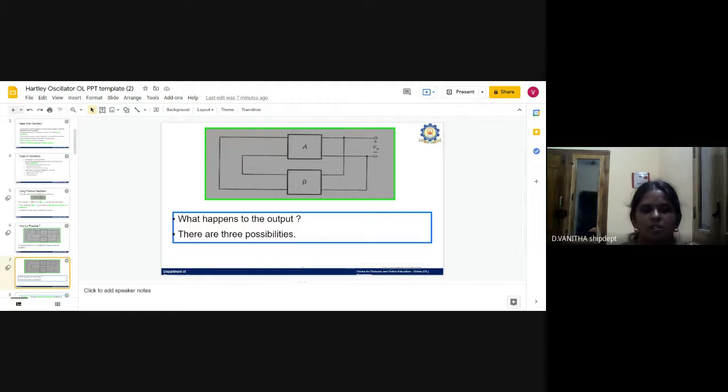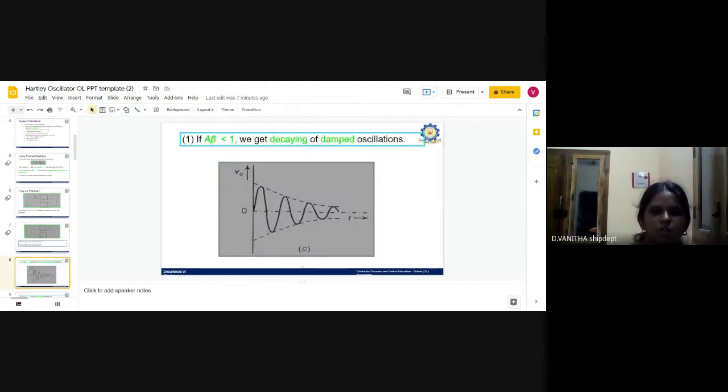There are three possibilities. One is when A beta is less than 1. Here we get decaying or damped oscillations.